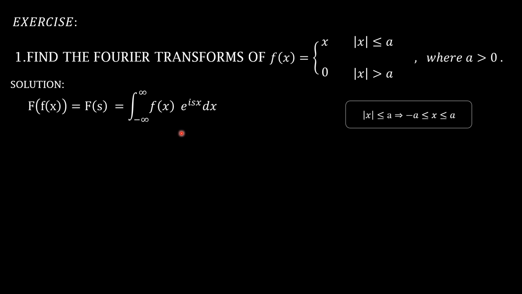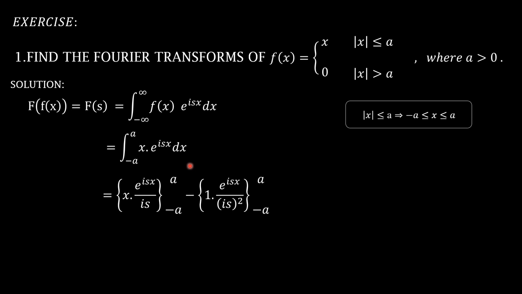So, finding the Fourier transform in the interval minus infinity to infinity is same as finding the Fourier transform in the interval minus a to a, because outside this interval the function value is 0. So, evaluating the Fourier transform in the interval minus a to a, and the function f of x in the interval minus a to a is x into e to the power isx dx.